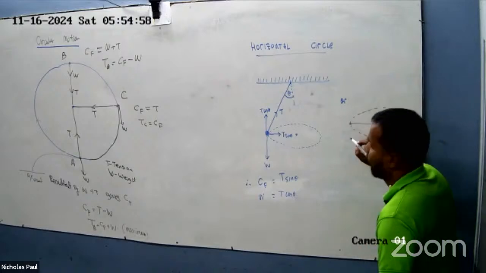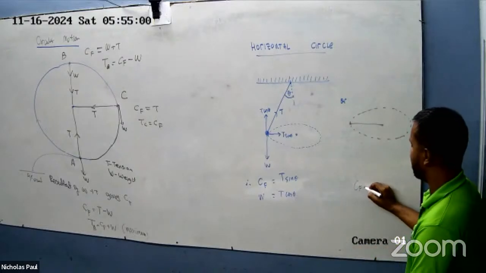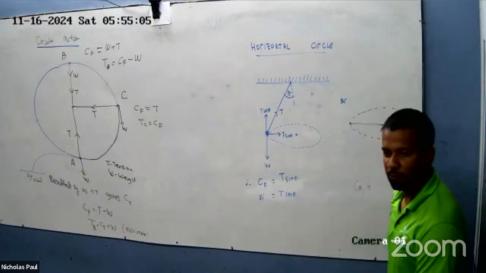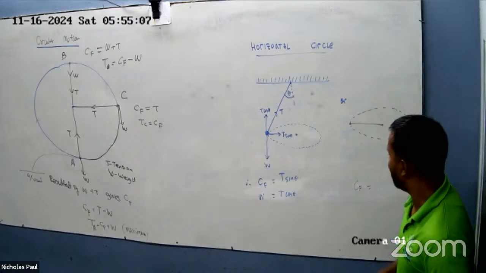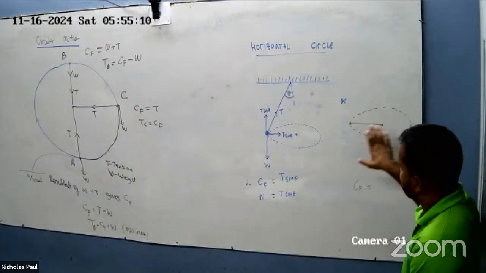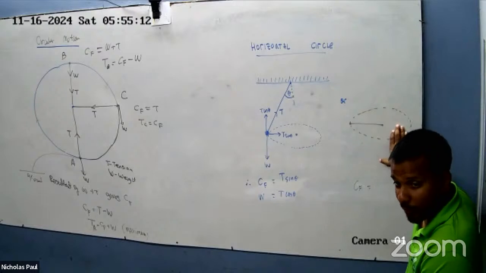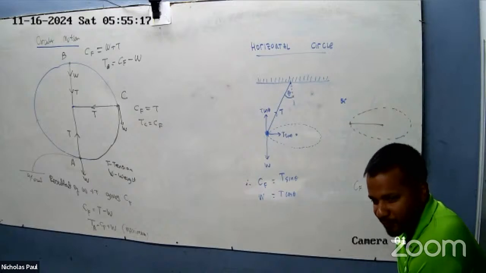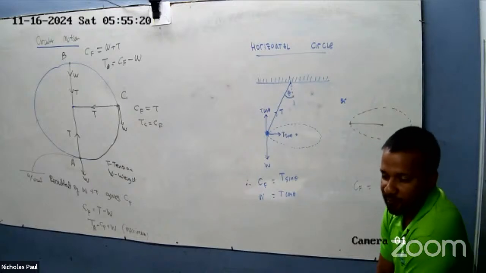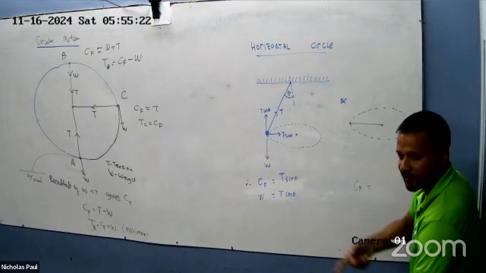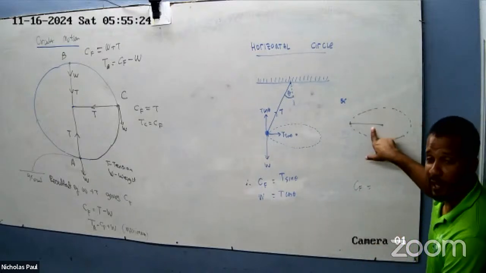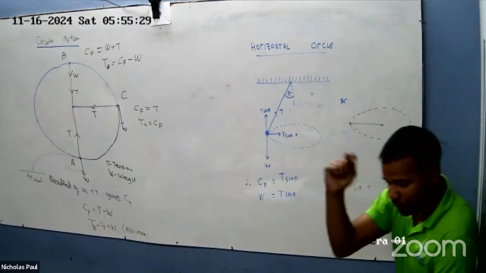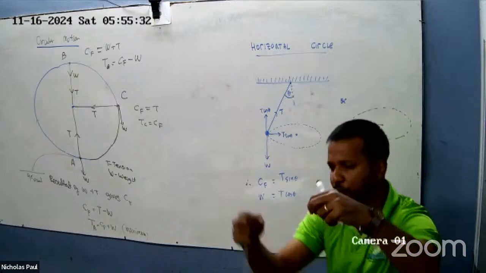What is the centripetal force here in this version of it? This is the horizontal circle as well. We have a horizontal circle, as I showed you here.